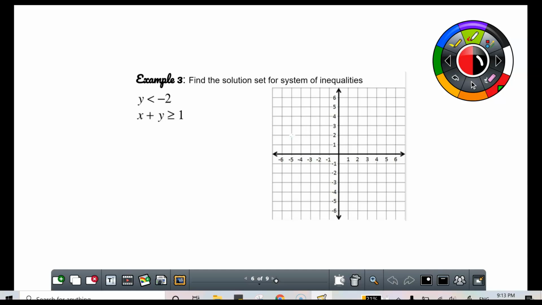So first inequality. y equals a number. Okay, so it's y equals -2. Let's see, the inequality symbol is equal. Okay, y equals -2. So on the y-axis, look for -2, mark it. Generally, we mark it this way, right? And then extend your mark.